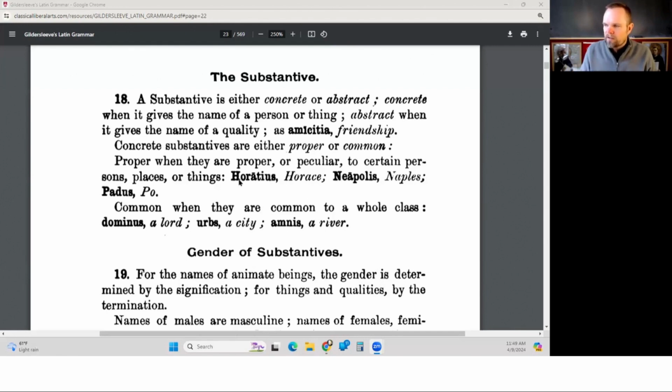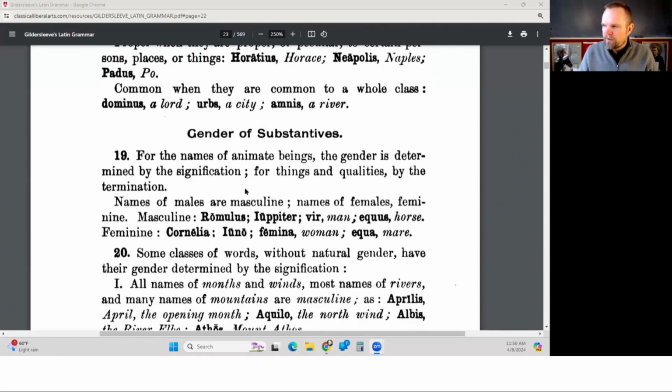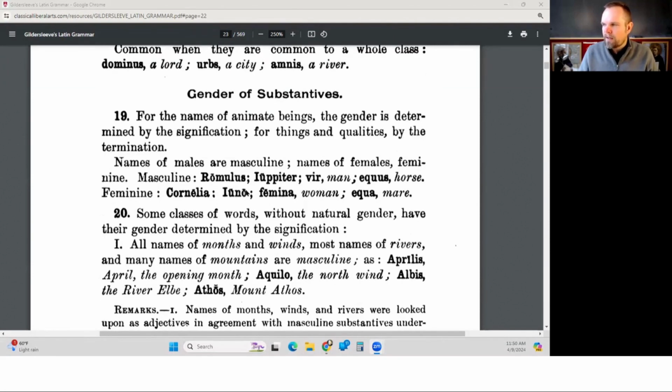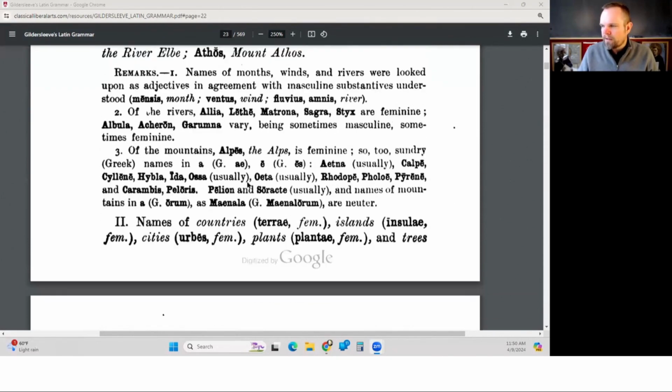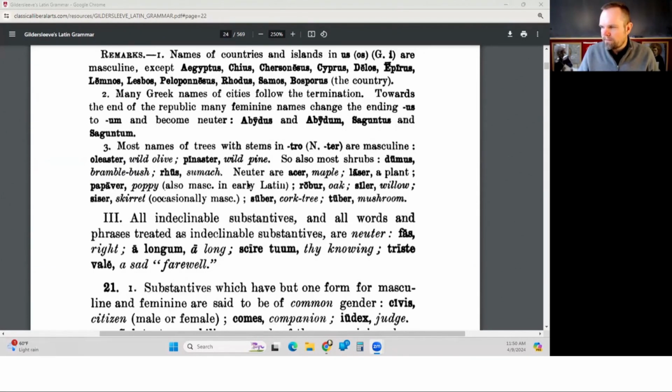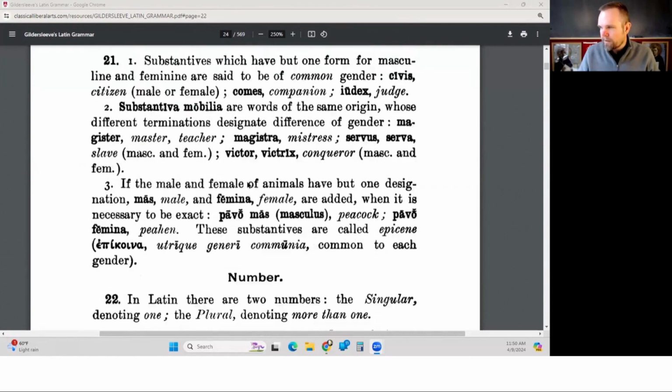So in Article 18, we're introduced to some of the properties or divisions of substantive nouns, which is helpful. Then we learn about the gender of substantive nouns, which is one of the properties of substantives, gender. We see that's Article 19 and 20 and 21.